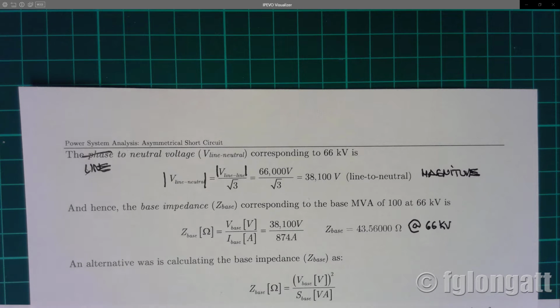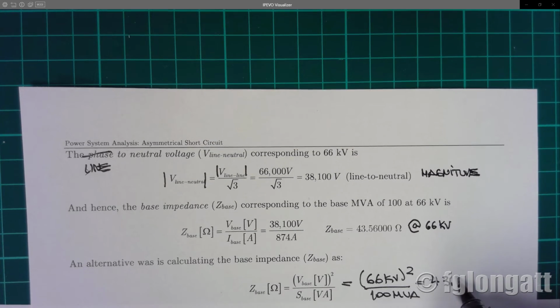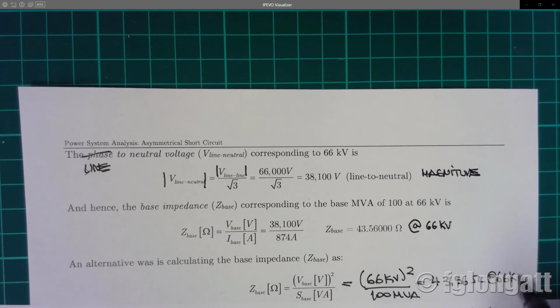If you want a shortcut, you can say that the impedance base is the voltage 66 kV squared divided by 100 MVA, and you will get the same number, 43.56 ohms at 66 kV.